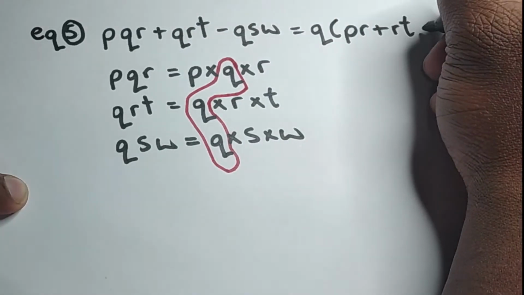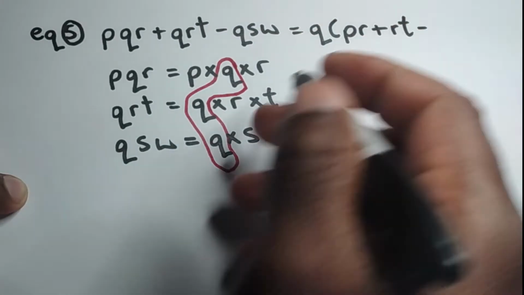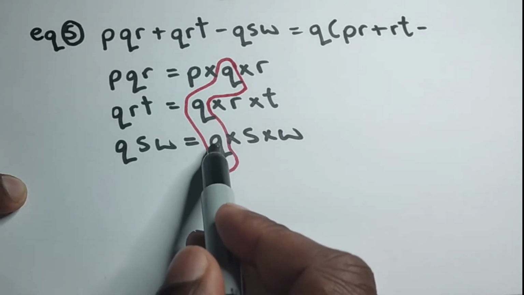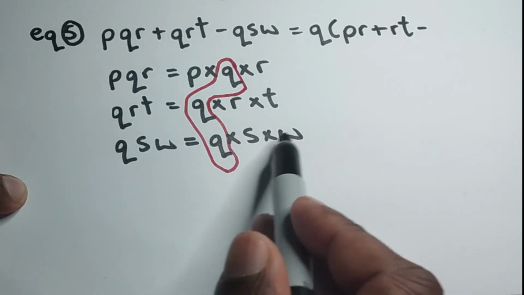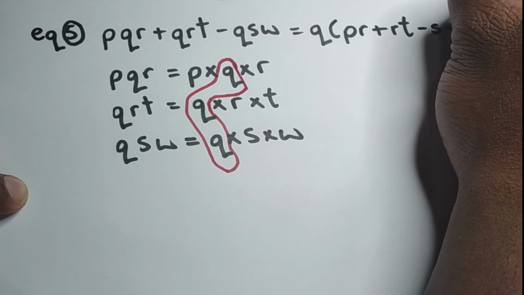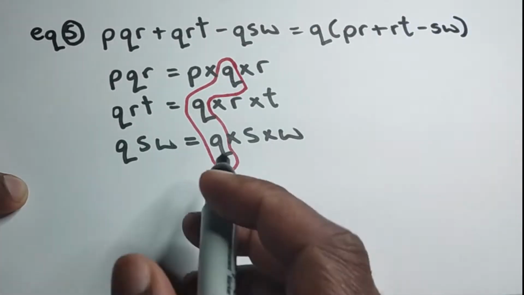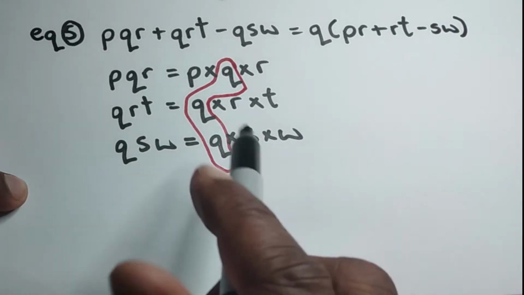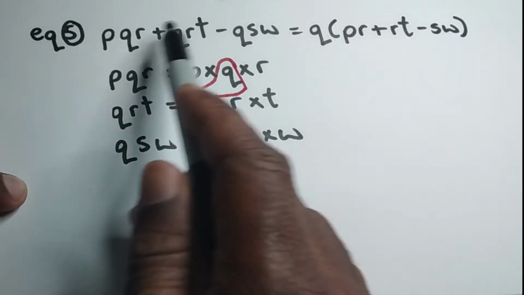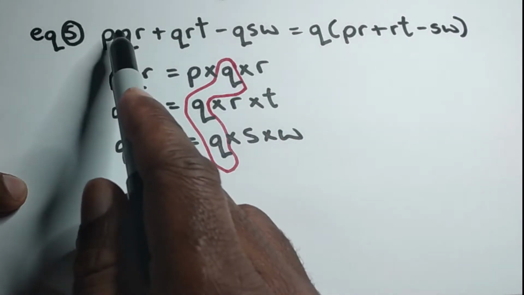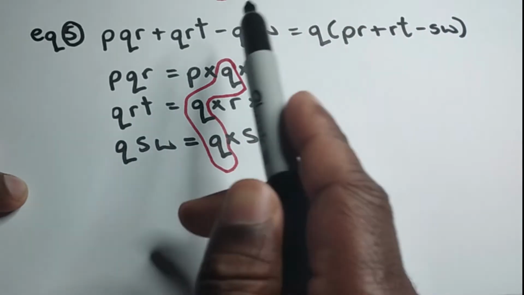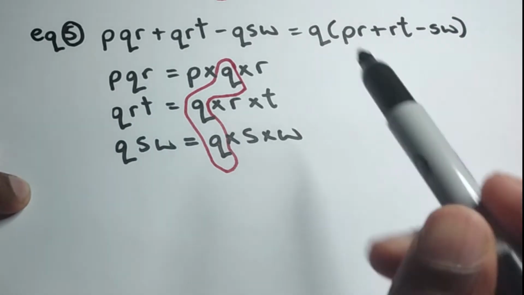Again, we'll put back that sign right there, which is a minus sign. All right, and after we have factored Q out of this term, we'll be left with SW. All right, and that's pretty much how you would factorize this expression, PQR plus QRT minus QSW, all right?